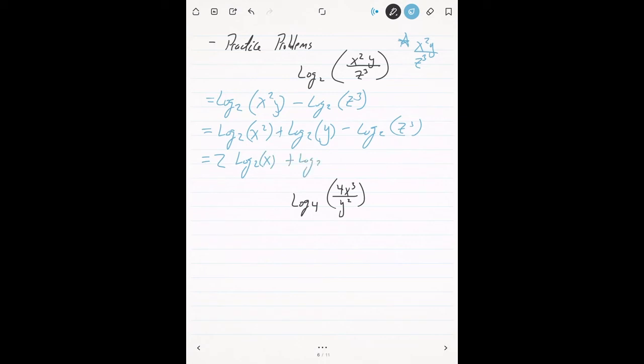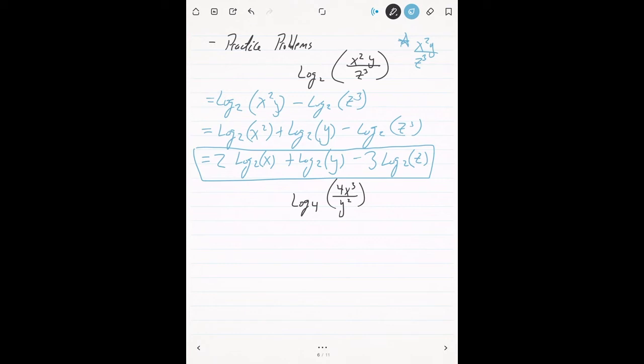Log base 2 of y doesn't simplify, that can't break down. But here we have a minus, I can pull the 3 out front. Log base 2 of z, by the way, that's a z, not a 2 there. That's base 2 and the argument is a z. So this is our final answer. Here's how we've gone and expanded the logarithm, okay?